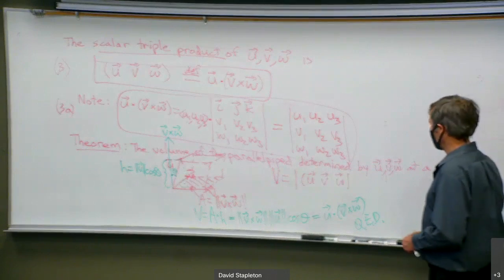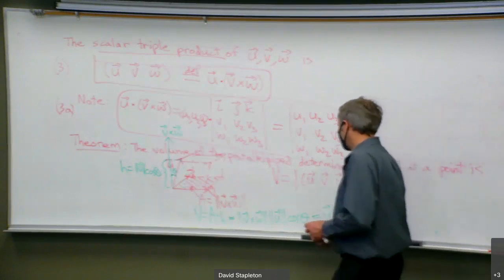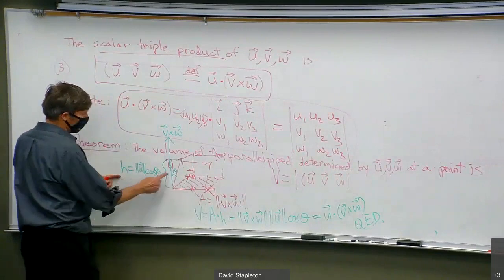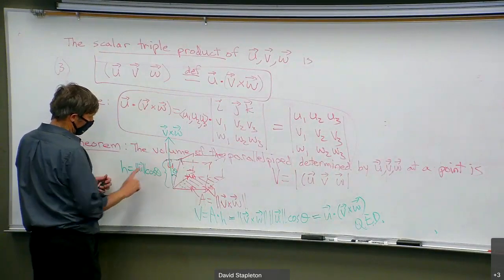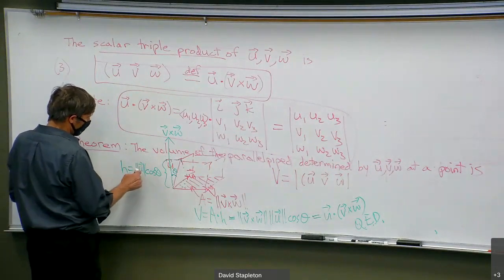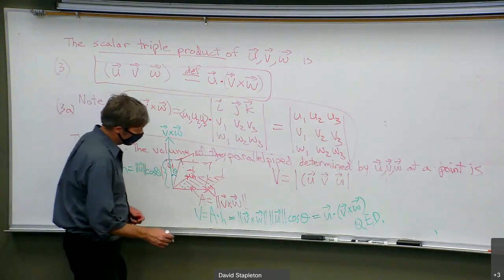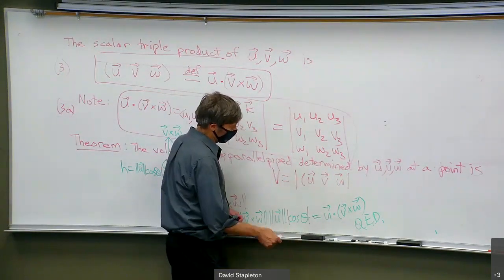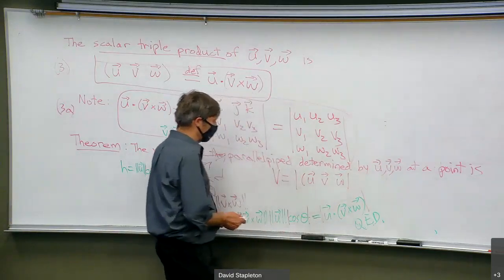Why do I need the absolute value? I left out a subtlety in the proof here. I said this is h. Actually, if the angle is down here, clearly obtuse, then cosine is negative. So h is actually the length of u times the absolute value of the cosine, in case it went down the other way and made an obtuse angle.